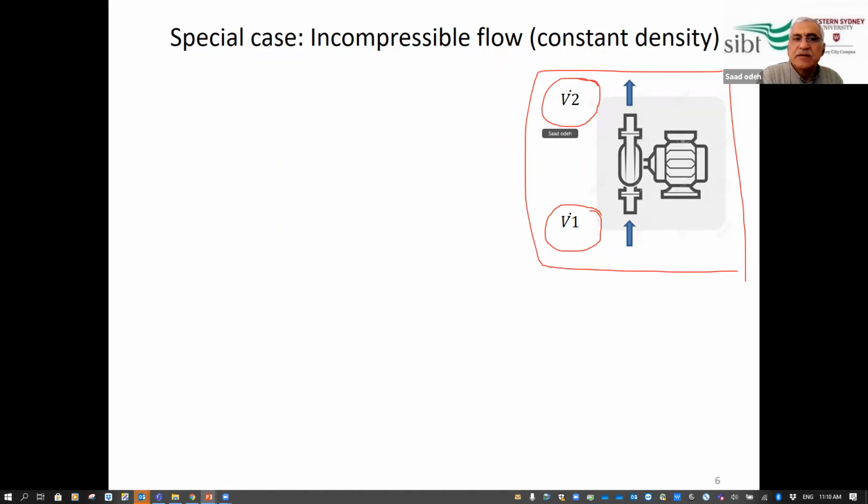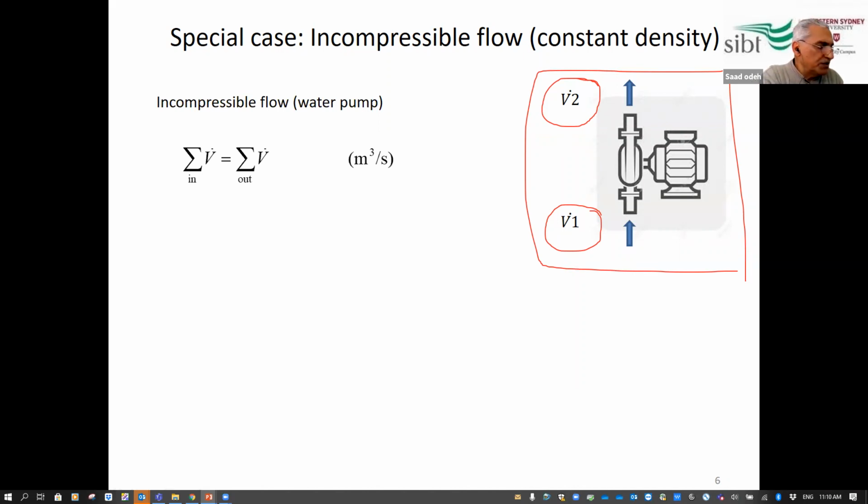The volume flow rate entering the system must equal the volume flow rate leaving the system. Therefore, we can simplify this by this equation: the summation of all V dot, the volume flow rates entering, must equal the summation of all exit volume flow rates of a system. This relates to mass conservation.